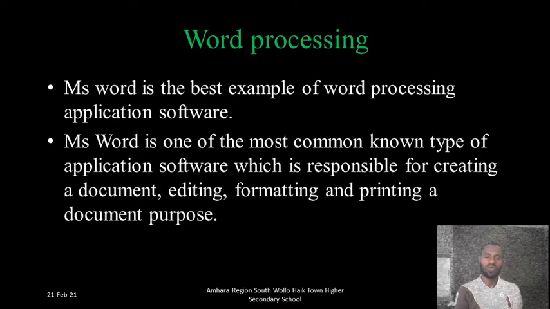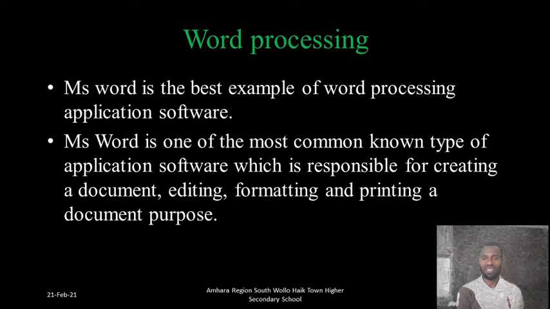The other thing that we have to know here is word processing, and Microsoft Word is the best example of word processing application software. There are also other types of word processing software, for example Notepad.